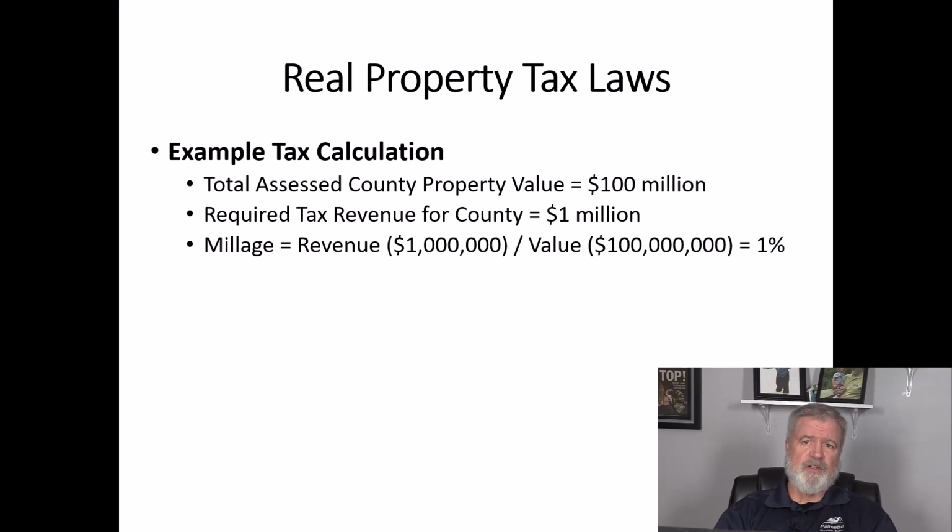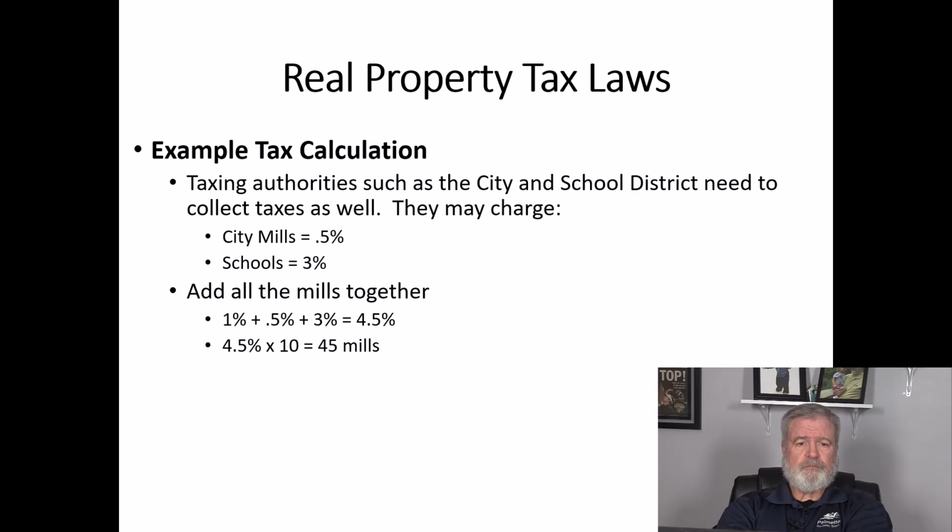Now we got to take this a little bit further, because remember all these other taxing authorities we have to pay for: the water, the fire department, the library, the school, you name it. There's going to be a lot of them, a laundry list. And when you get your tax bill at the end of the year, it'll have them all listed.